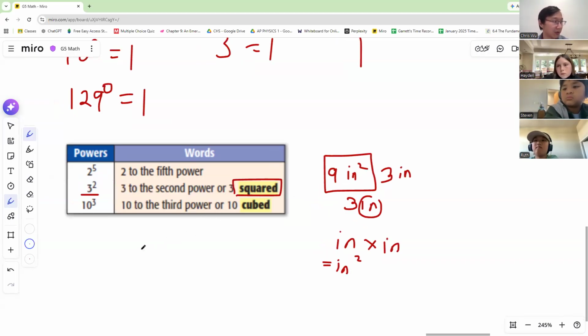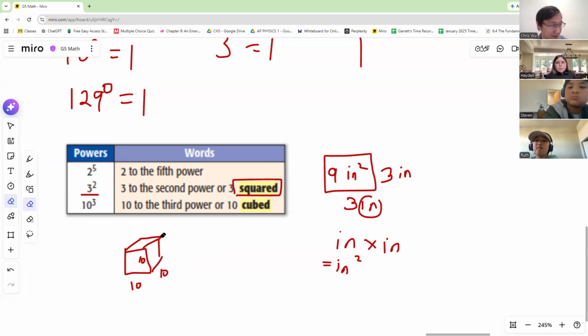And where does the cube come from? Well, same idea. If you have a cube, by definition, the length, width, and height are the same thing. So I get 10, 10, 10, right? And you multiply all of them to get the volume, which is 1,000 cubic inches, let's say. So this is how it relates to geometry and why we name these terms.